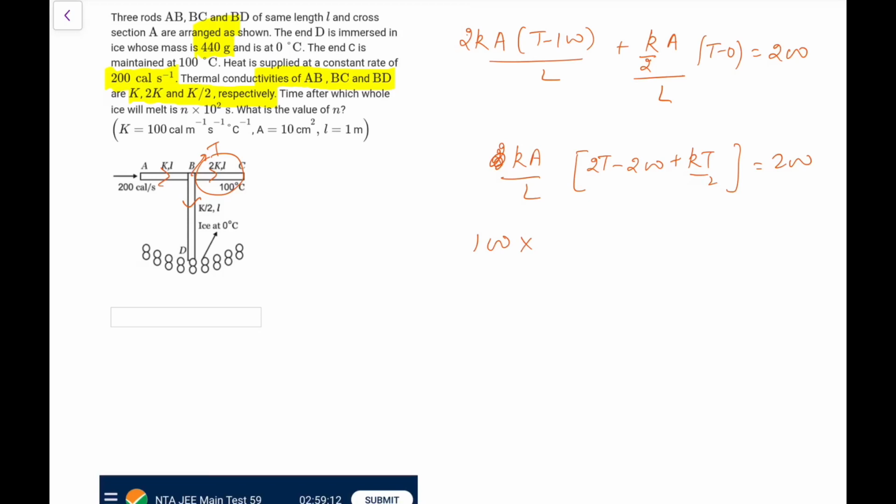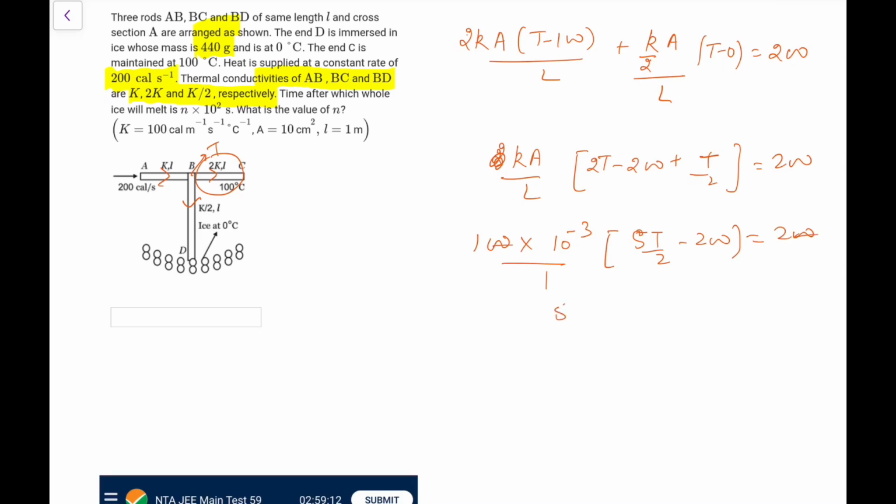Area is given, 10 to the power minus 3. If I substitute it, this is 1. So K is 100, so 100 by 2; it is already 1 by 2, not K by 2, it would have been a grave mistake. So it would be 5T by 2 minus 200 equals 200.